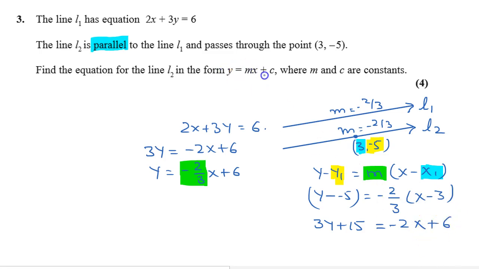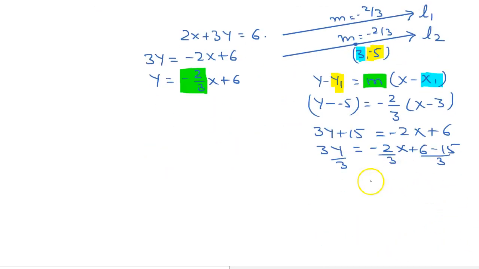We have to write it in this form. So 3y is equal to minus 2x plus 6 minus 15. Divide all by 3. So y is equal to minus 2 over 3 x.